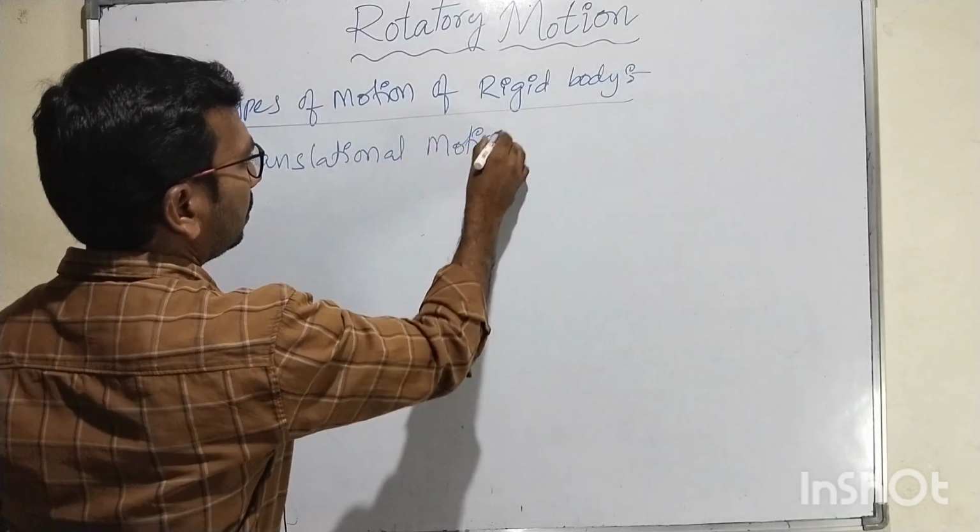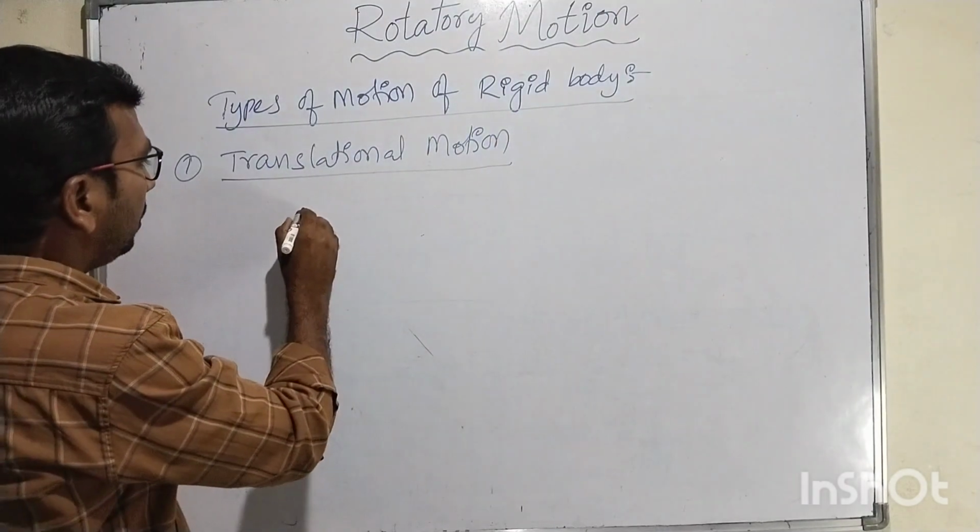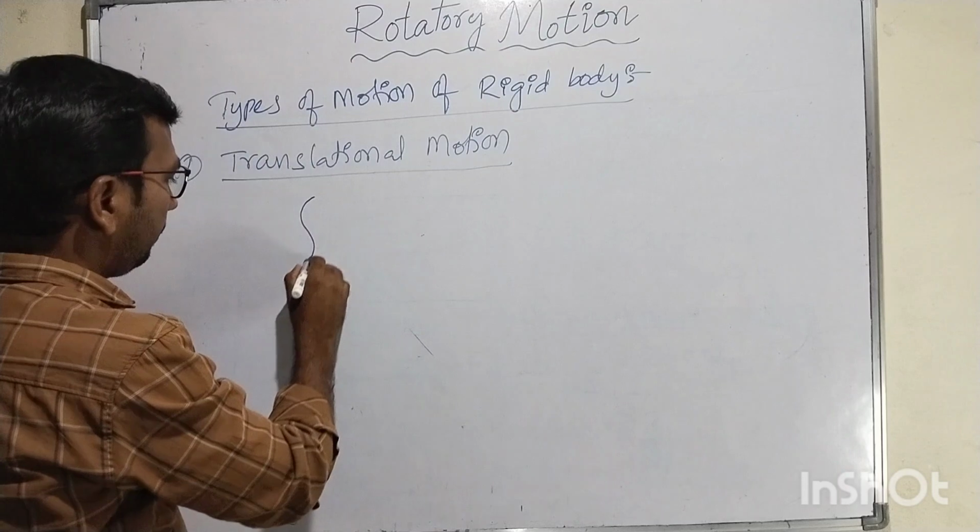First we discuss translational motion. Suppose I consider one rigid body.